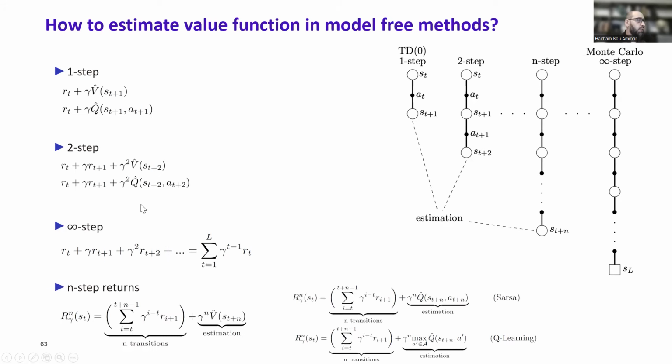What we typically use in the implementation of these RL algorithms is n-step returns. The idea is that we observe the reward for n transitions, and then we use the estimate of the value from t plus n forward.